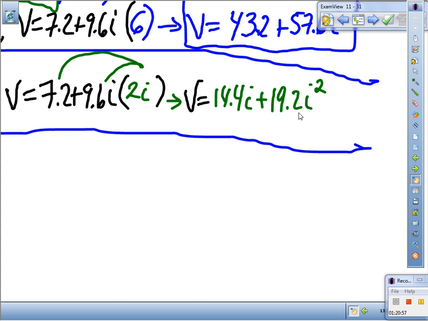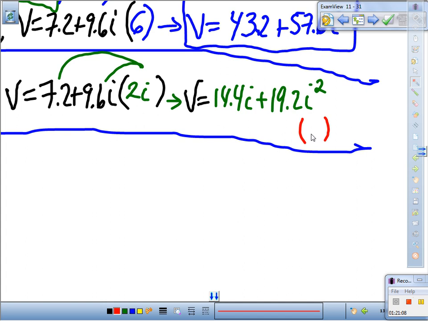What do we notice here, guys? That instead of I squared, what do we substitute at the end? -1. That is correct. Look up, please. Anywhere you see I squared, we're going to substitute a what? A -1.